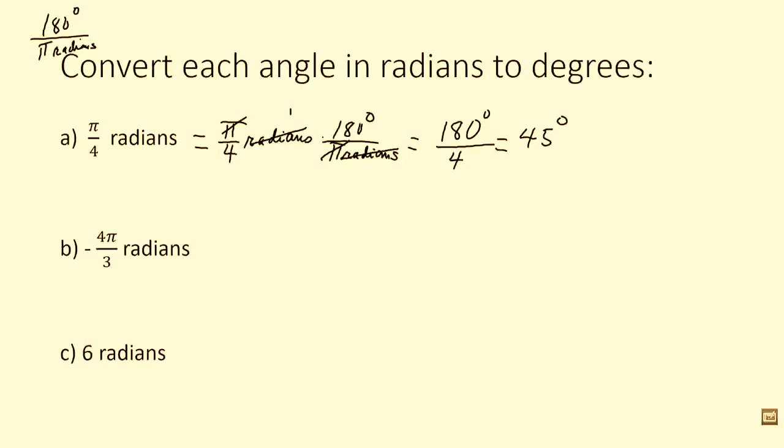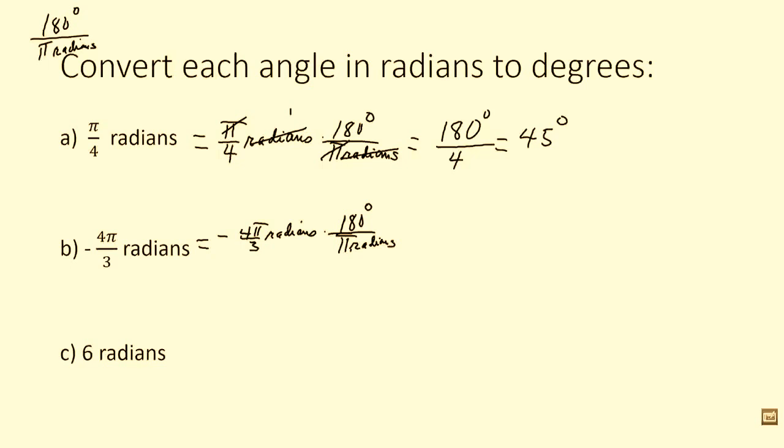In the next example, let's convert a negative 4 pi over 3 radians to degrees. We do this by multiplying by 180 degrees divided by pi radians. So we have a negative 4 pi over 3 radians times 180 degrees divided by pi radians.